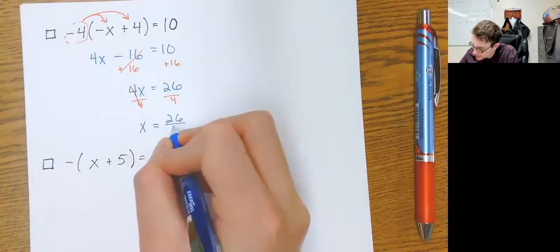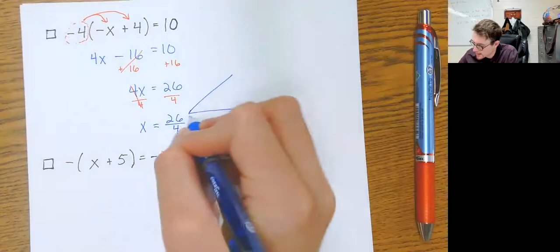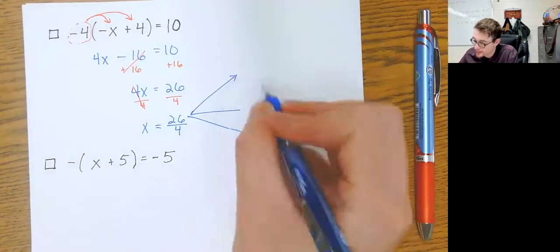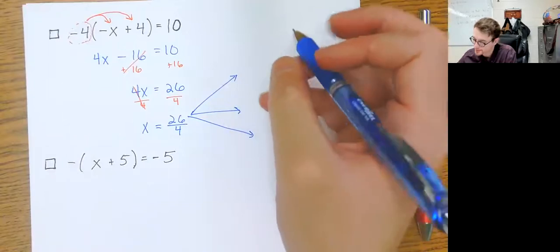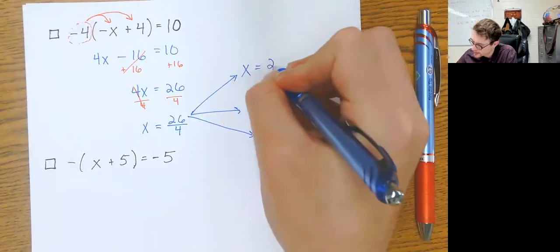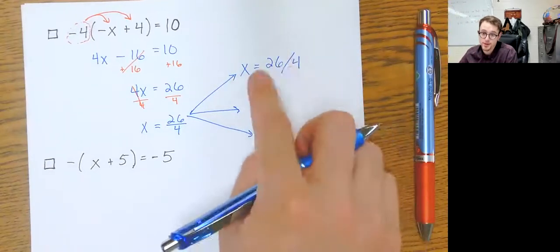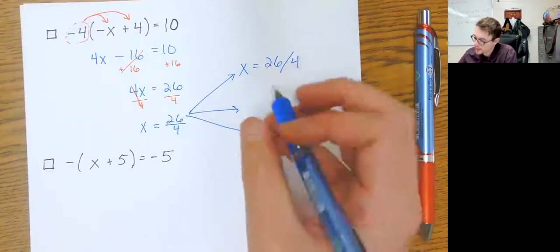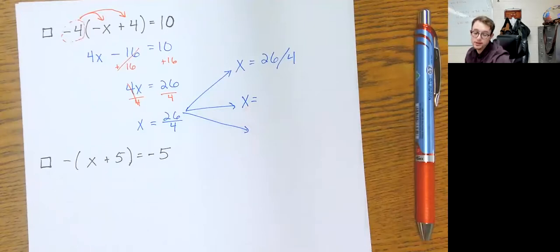this would be 26/4. Now, there are, I would say, 3 acceptable answers for my students to answer this problem with. One of them would be x equals 26/4, because they're typing it in on a computer. Another one would be 26 divided by 4, which is 6.5.